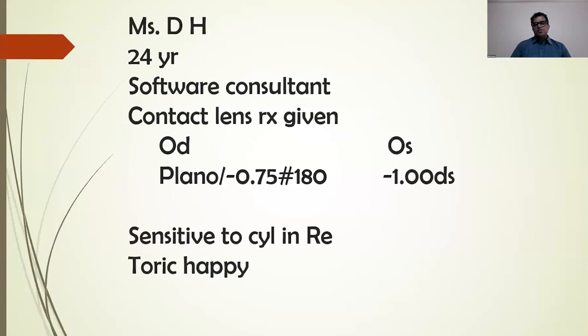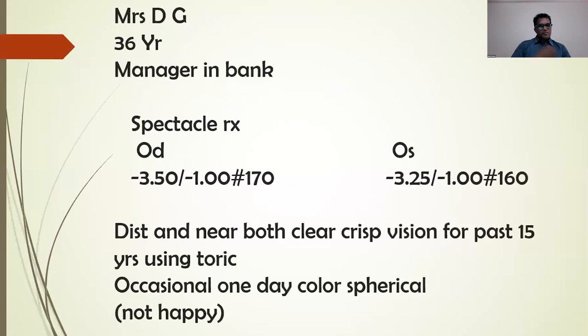But then when the person sees 6/6 vision with the left eye and comes to the right eye and says, oh, I'm seeing only about 6/12, or only 6/9, if the person is very sensitive, he's not going to be happy. So if you give a plano -0.75 diopter 180 toric lens in the right eye with a spherical lens in the left eye, yes, the patient is going to have 6/6 vision individually in both eyes and binocularly, and the patient is going to be happy.